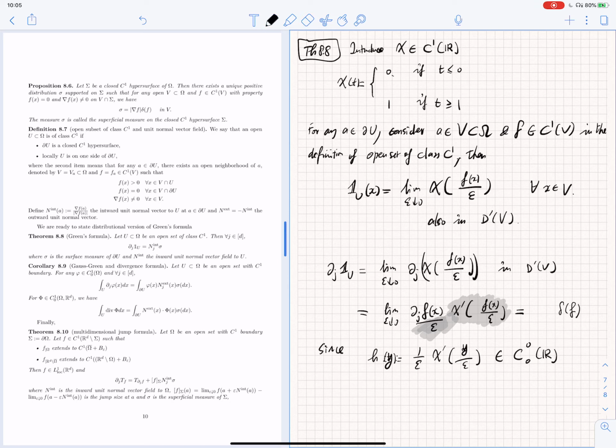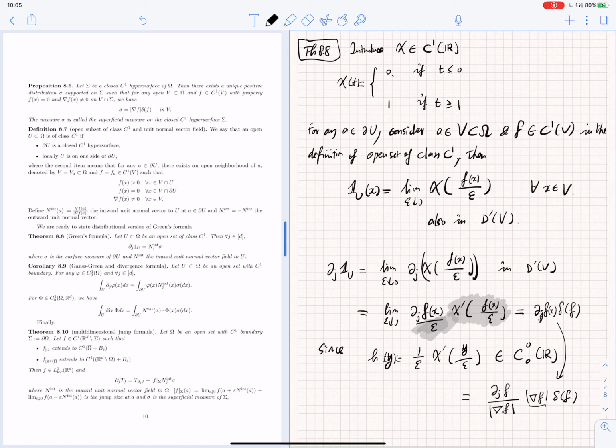Okay, this is what we showed in the very first result, times the partial derivative with respect to the j variable of f of x, in the sense of distribution. Okay, and we're almost there. Now we just rewrite it. We write it as the partial derivative j of f divided by the Euclidean norm of the gradient of f, times the Euclidean norm of the gradient of f, delta f.